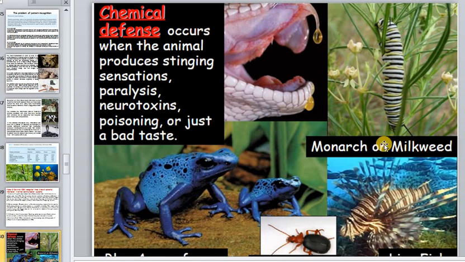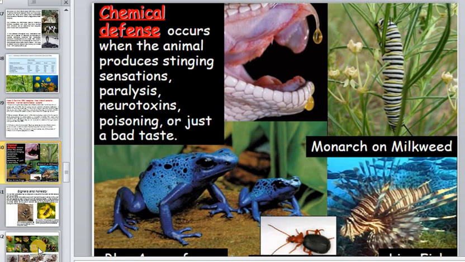Many animals use visual signals to demonstrate their danger. For example, poisonous animals, where the chemical defense produces a strange sensation, for example neurotoxic poison or just a bad taste, and they have a very strange color. For example, this blue colored frog is a signal for other animals.